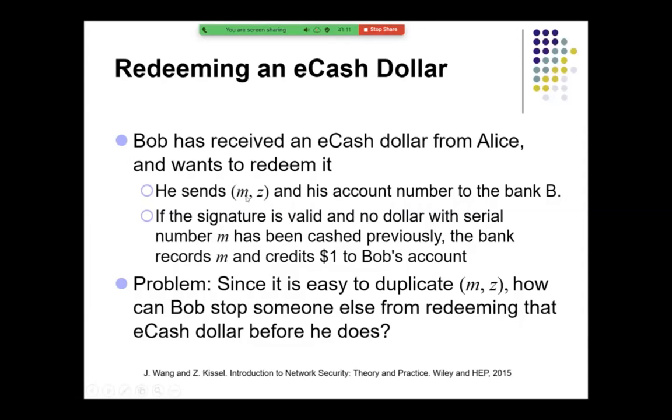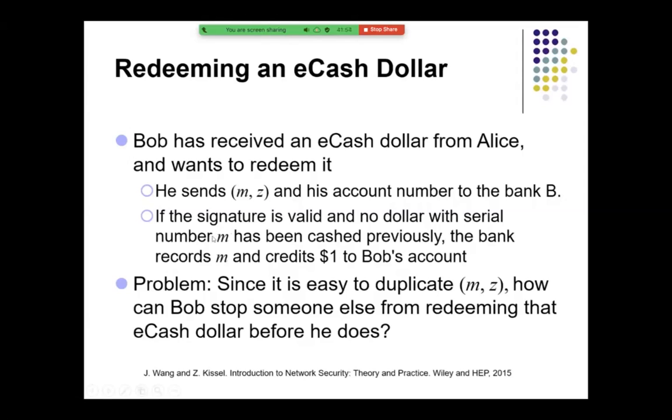Let's say Bob wants to redeem this Ecash dollar. So what he does is send this M comma Z to the bank, saying, hey, I want to cash this Ecash dollar. The bank verifies that this M is indeed endorsed by the bank by checking its signature. And then it needs to check whether this M has been cashed before.